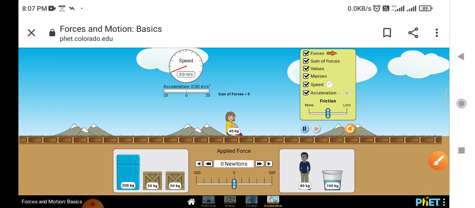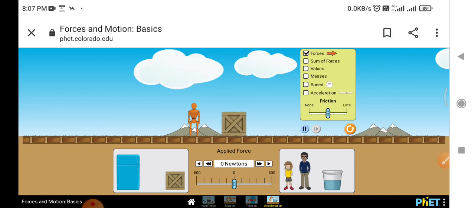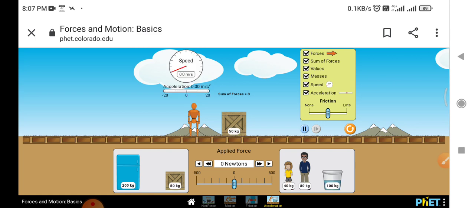Shall we check some other object? Please listen very carefully. We will take some other object to check the acceleration in the positive direction and also the negative direction. We will choose the 100 kilogram one. I am applying the force on this bucket.